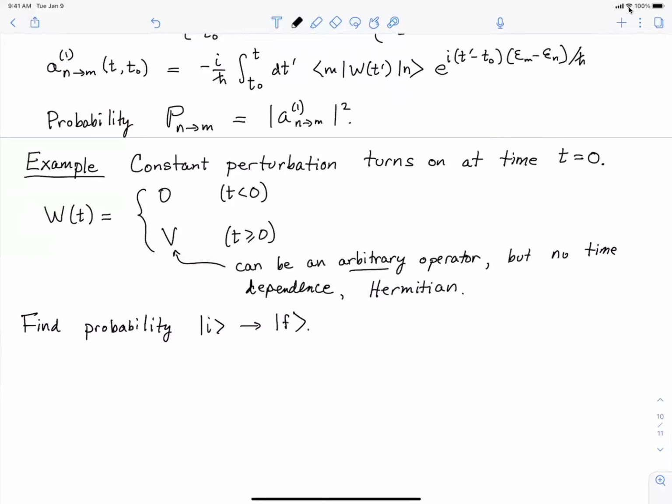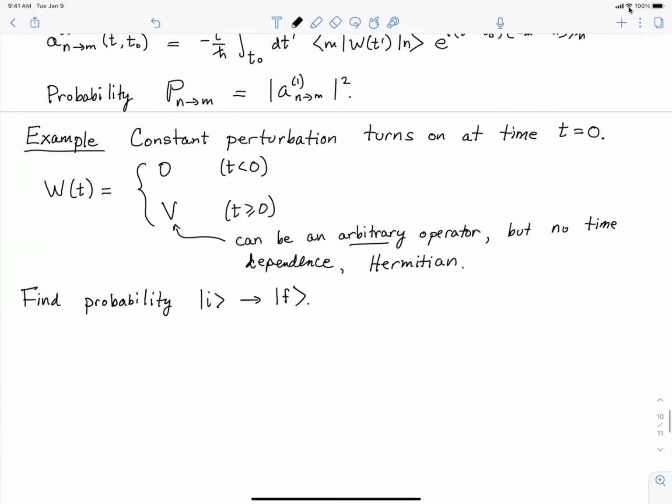And then also for convenience, we're going to define a frequency associated with the transition. So this angular frequency is called omega sub fi, for final from initial. And so what is it? It's the difference in the unperturbed energies divided by h bar.